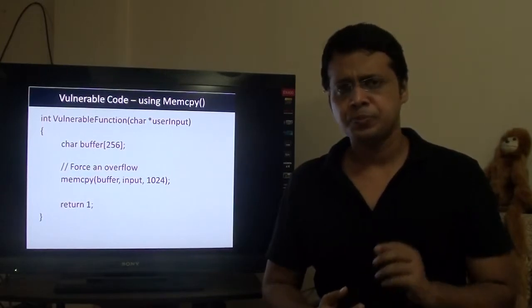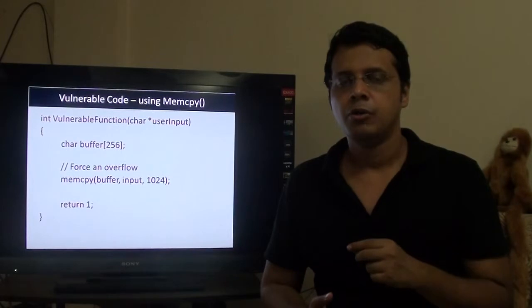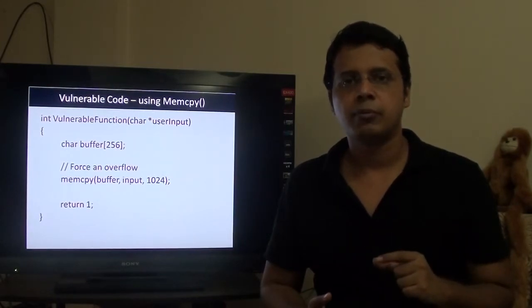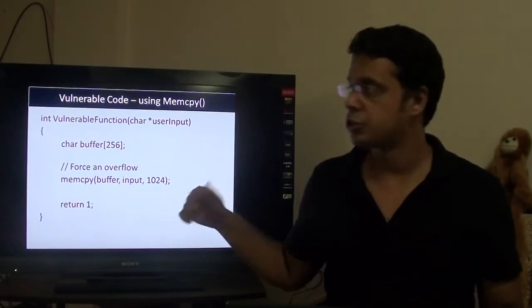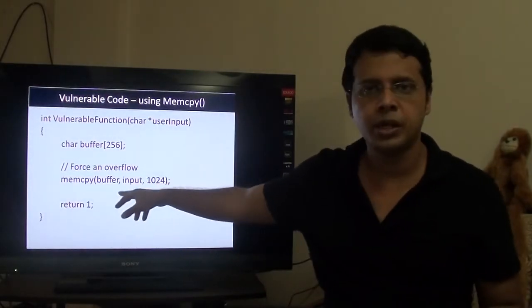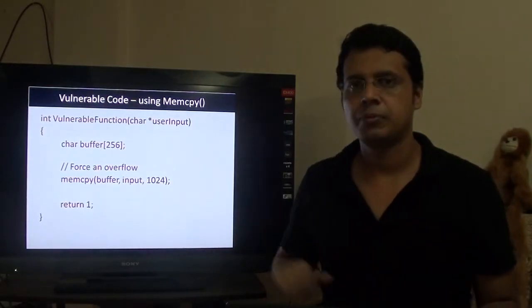Right, so the first example which we will take in the next episode will be to exploit a program which has a vulnerable function. This vulnerable function uses memcpy in a very indiscriminate way to copy user supplied input into a buffer.